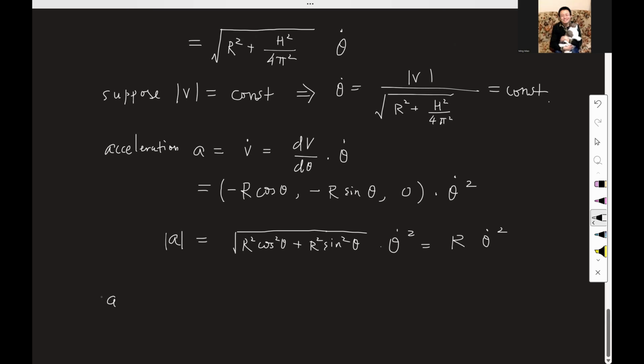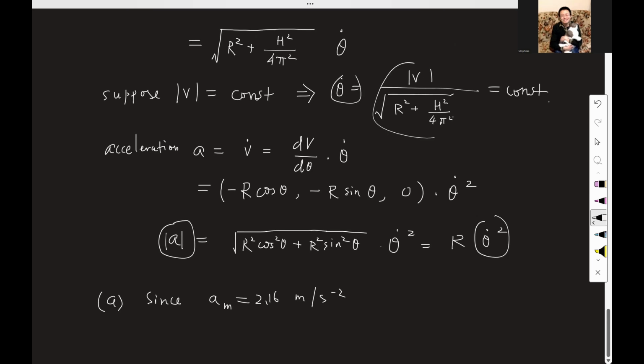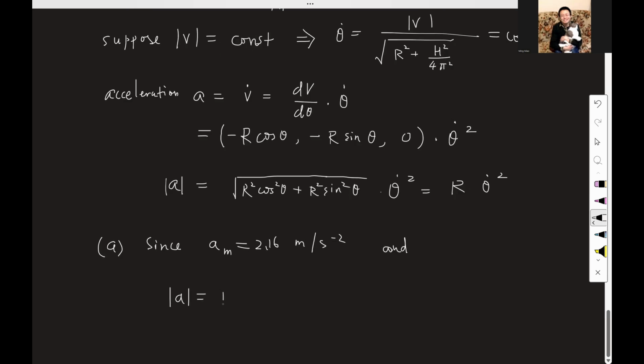These are the basic quantities that we derived from our parameterization. So now let's look at part A. Since a maximum is 2.16 meters per second squared, we can use the relationship between a and r dot, and also r dot and v, to solve for the maximum speed. The length of a is equal to r times theta dot squared. Theta dot squared is going to be the length of v squared over r squared plus h squared over 4 pi squared.